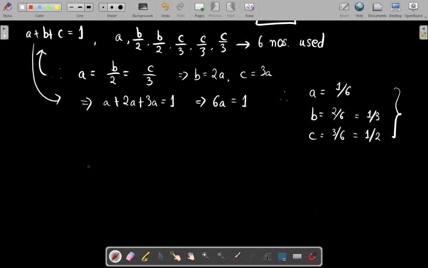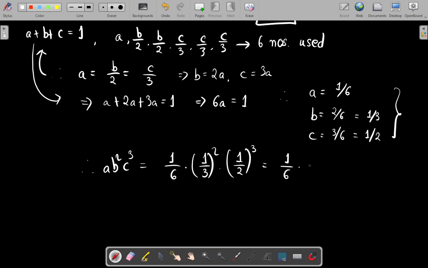And we can also check this product now, ab²c³, with these values. a is 1/6, b squared is (1/3) squared, and this is (1/2) cubed, right? So this gives us 1/6 times 1/9 times 1/8.